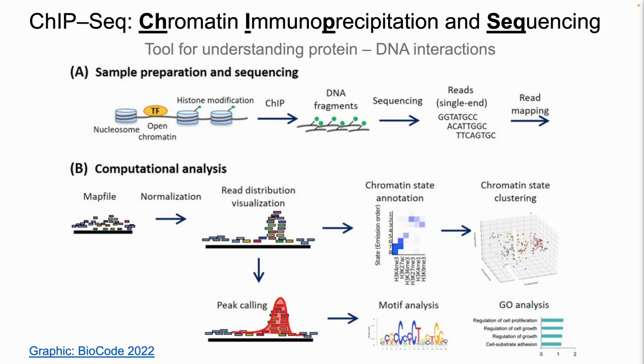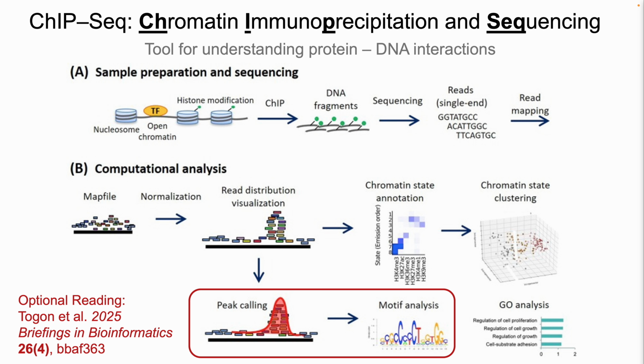In this case, what you're doing between finding the peaks where you've got these pile-ups of reads is converting that into a scoring matrix that says how often at the first position of these binding sites do I see A versus C versus T versus G. I'll show you a picture in a minute that hopefully makes that a little more clear. This little picture here is called a sequence motif, or a transcription factor binding motif, and we'll zoom in on that in a minute.